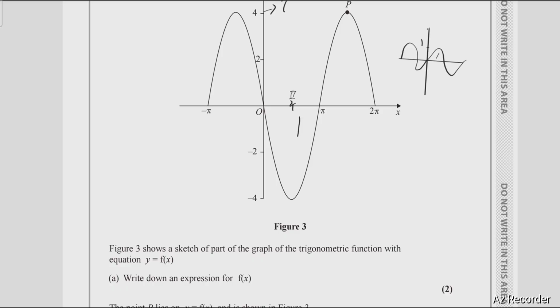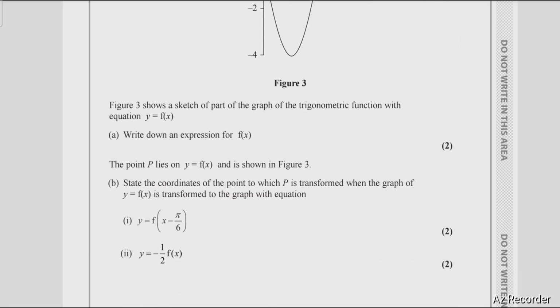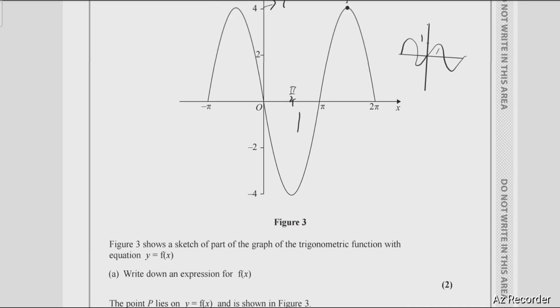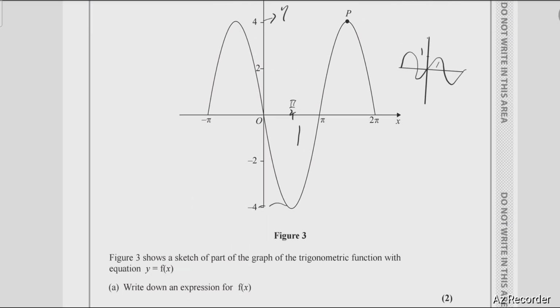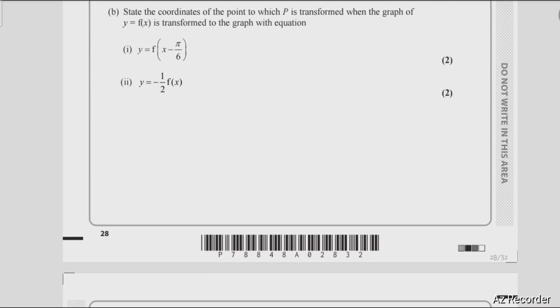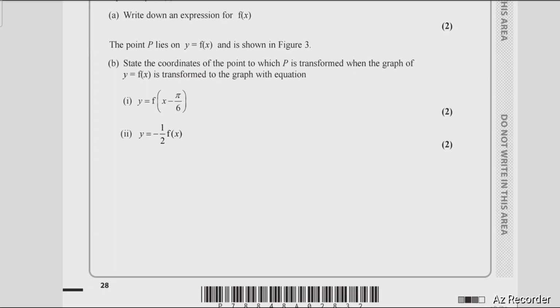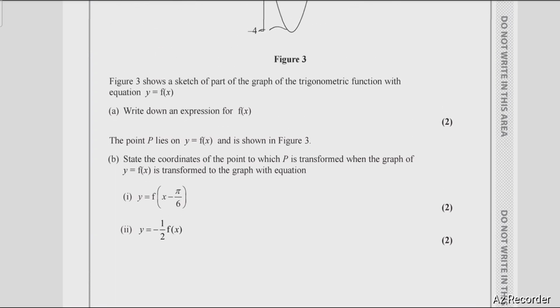Yeah, that's a sign that you should always check if your calculator is in degrees or radians. And look, it gives me a value of negative 4, which is, as the graph shows, B. The point B lies on y equals f of x.